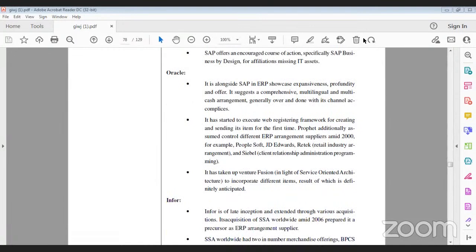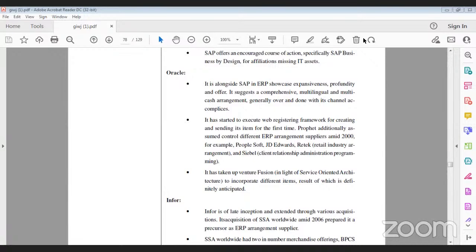Infor is of late inception and expanded through various acquisitions, and its acquisition of SSA Global in 2006 prepared it as a precursor ERP solution supplier. SSA Global has two commercial offerings, BPCS and BaaN, and SSA also made various other acquisitions.